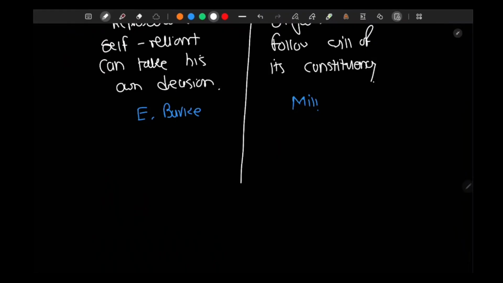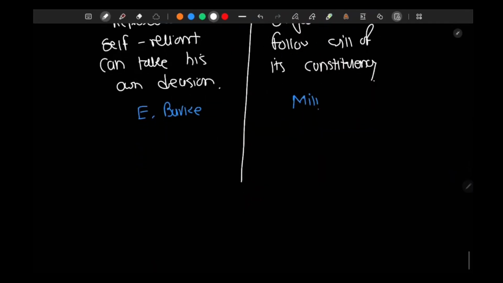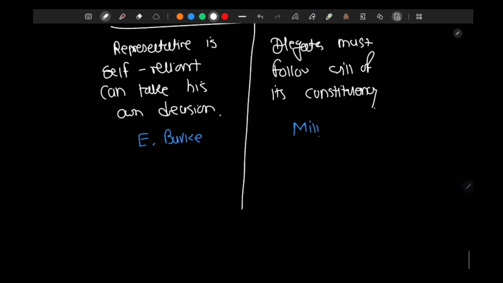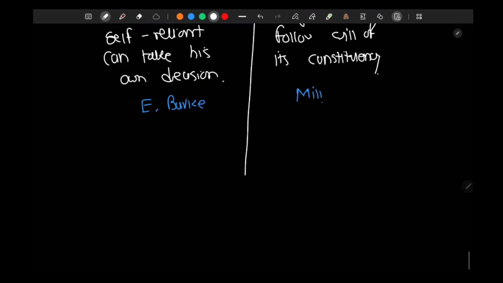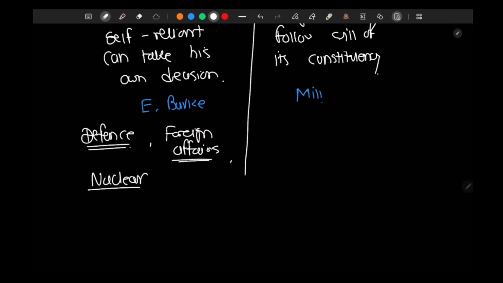So let's say MPs are MPs of nations, MPs of parliament, not of constituencies. What does it mean? There is a decision being taken on defense of India or foreign affairs of India, or nuclear power, right?